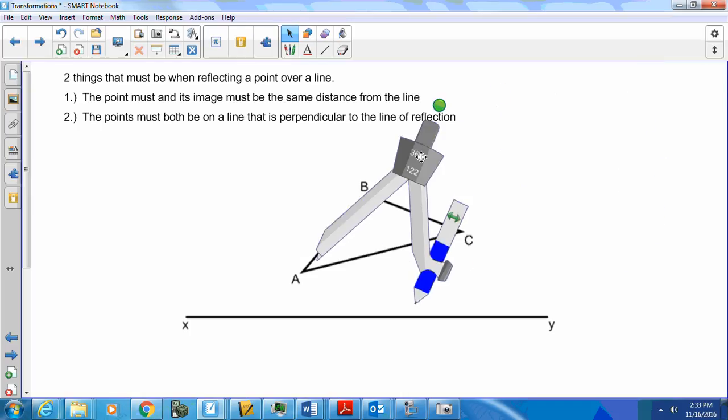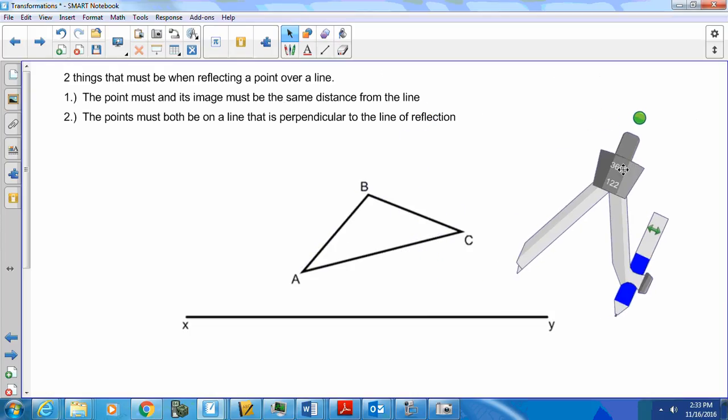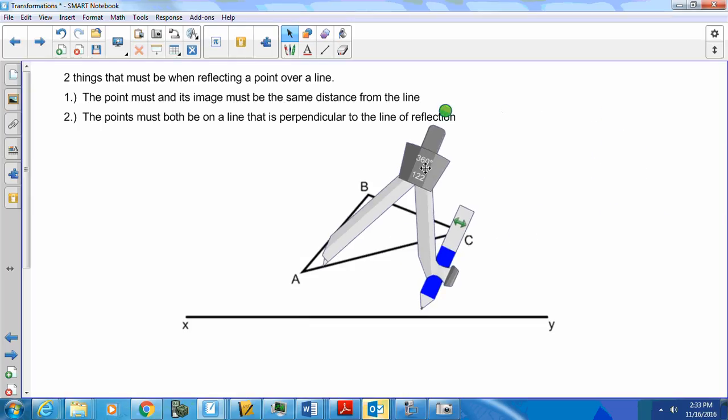Now keep in mind, no matter what, if we are reflecting this shape over this line, our new point has to be the same distance from this line, and it has to be on a line that's perpendicular to the line of reflection. No matter what method you use, that has to be the case. So I want to show you what he did.